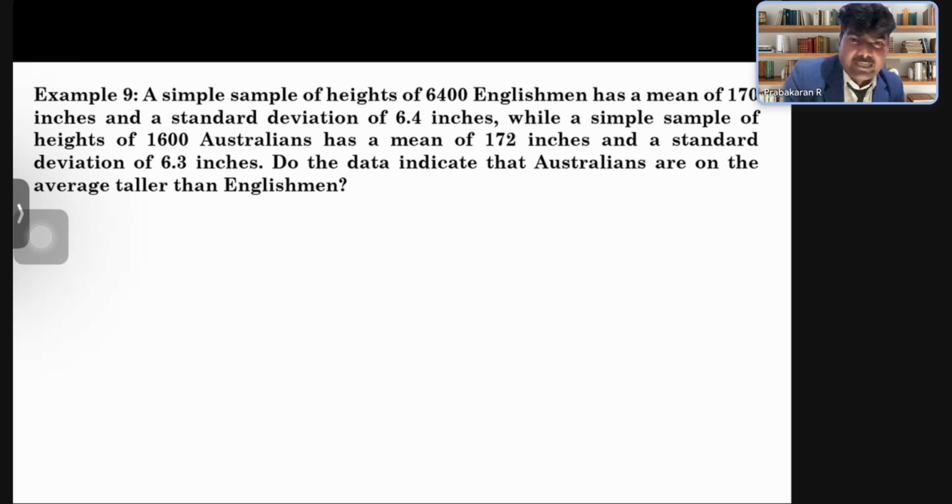The question is, do the data indicate that Australians are on the average taller than the Englishmen?